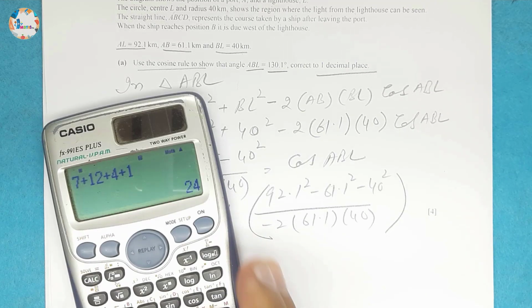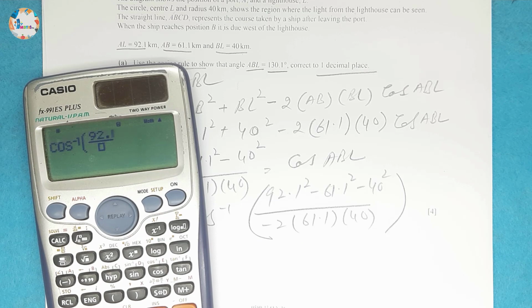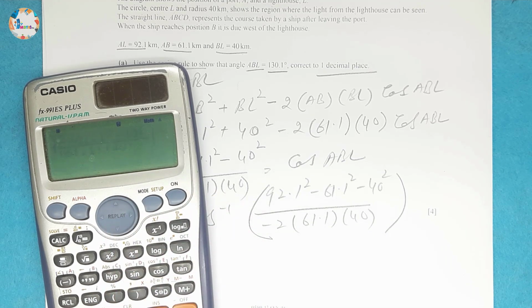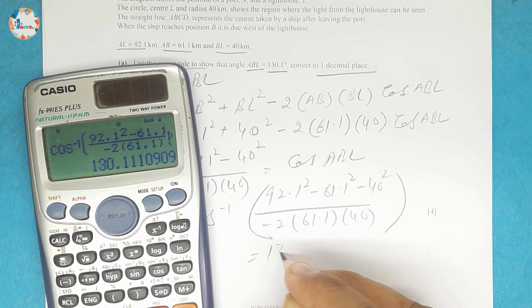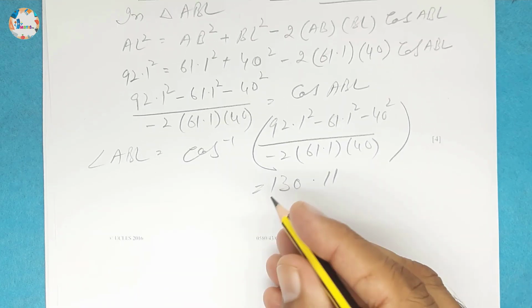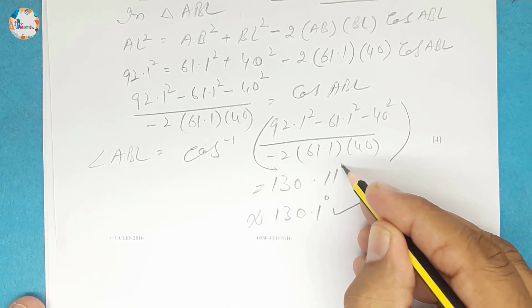Now just use the calculator: shift cos, fraction, 92.1 squared minus 61.1 squared minus 40 squared, divided by minus 2 into 61.1 into 40, close the bracket, and this will be equal to 130.11. Up to 1 decimal place, we can write 130.1. This will be our answer.